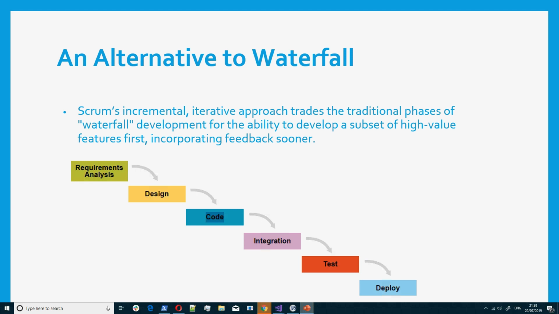Then after that, they pass it to the tester. The tester will test and then they would deploy. That is if there's no issue. If there's an issue, then it goes back to requirements, to design, to code, integration, and also back to test. That's what the waterfall approach is.